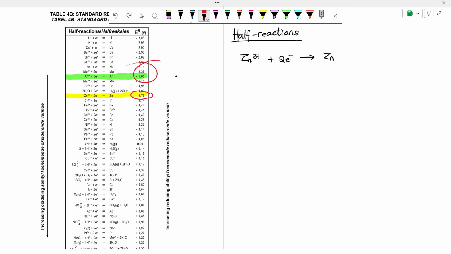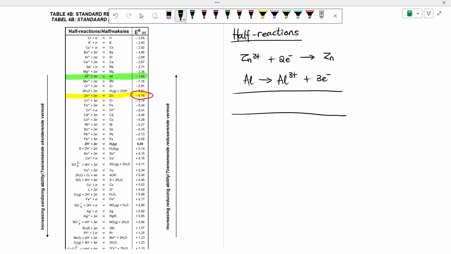So I'm going to say aluminum becomes Al3+ plus 3 electrons. That's it. Then if I have to do the net, I just need to balance the electrons, right? Yes. How do we do that?